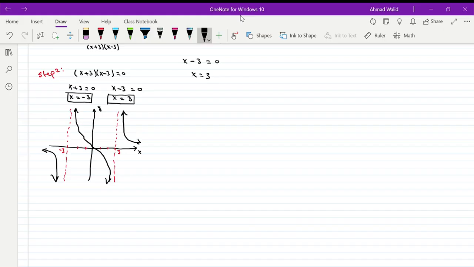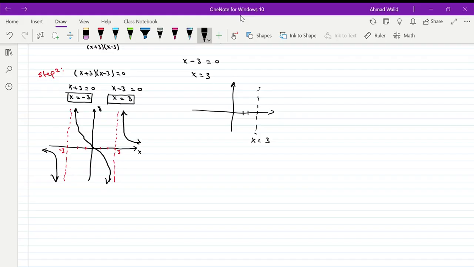How to find only vertical asymptote, correct? Set the denominator equal to 0 and draw your vertical lines. Those are your vertical asymptotes. For example number 2, only at x equals 3, 1, 2, 3, you have a vertical asymptote. x equals 3. That's your vertical asymptote. Easy?